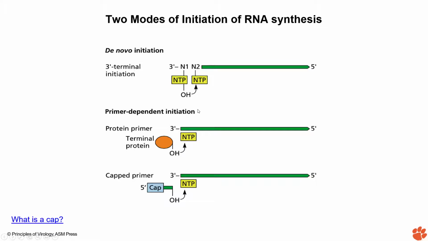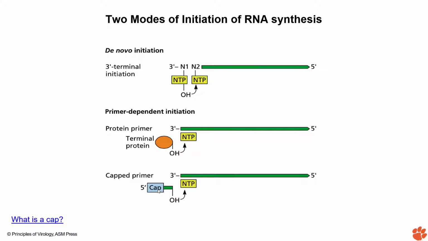On the other hand, primer-dependent initiation could be different. It could be a protein primer. You have a terminal protein, and the first nucleotide is attached to that protein and put onto the template. It can also synthesize a cap, and we are going to talk about the cap in the next chapter.